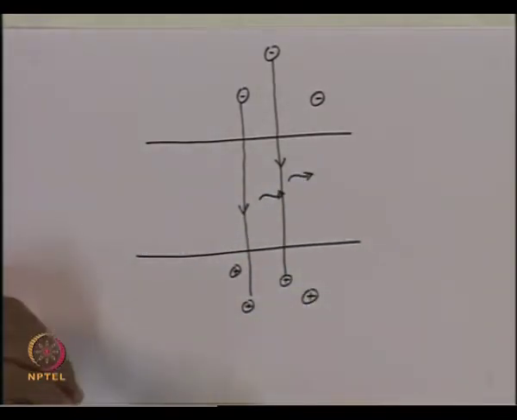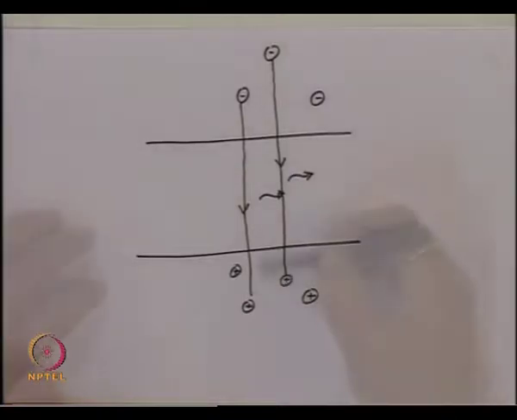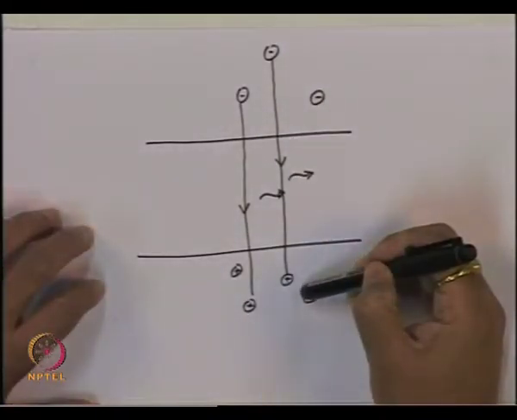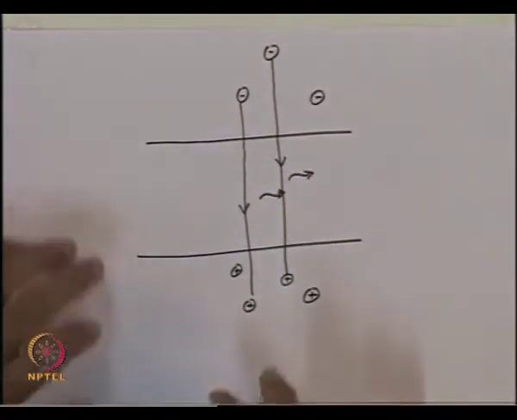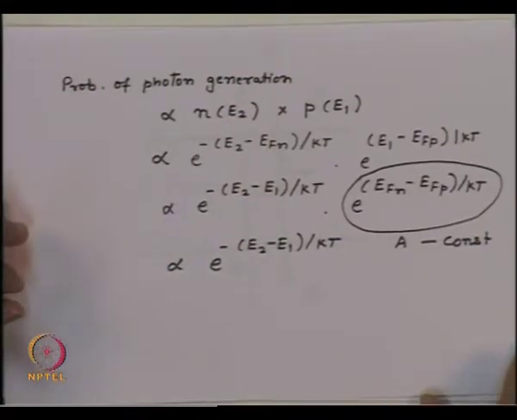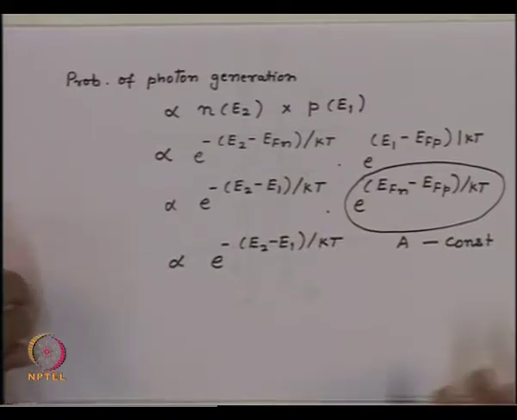Now, if you want to find the spectral density of the emission from this p-n junction or semiconducting material, then we have to add up all the electron-hole pairs which have an energy difference the same as the photon energy in which we are interested. So this quantity E2 minus E1 is nothing but the photon energy, or the frequency of the photon we are looking for.